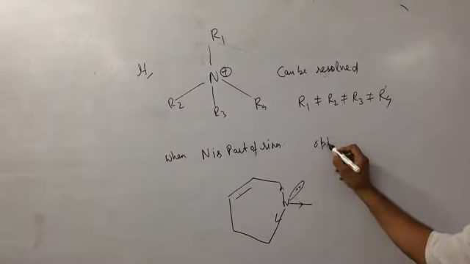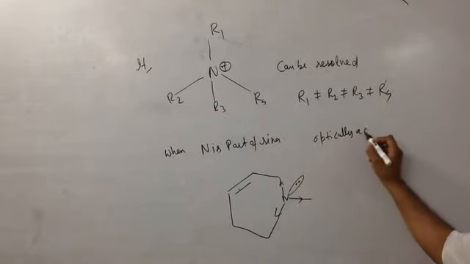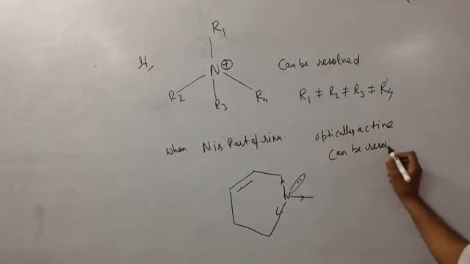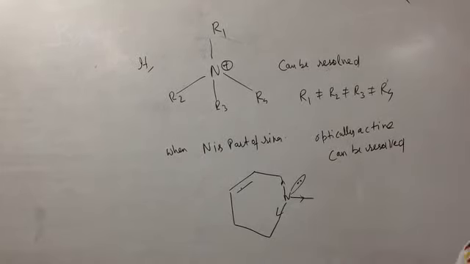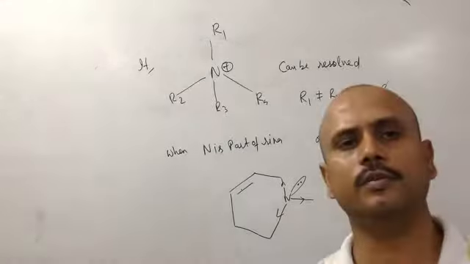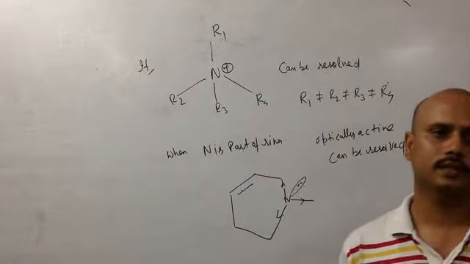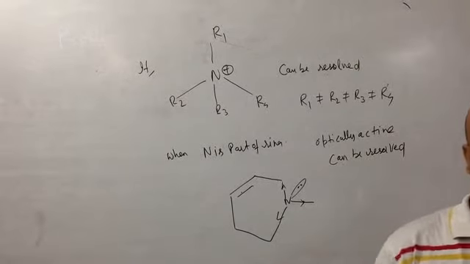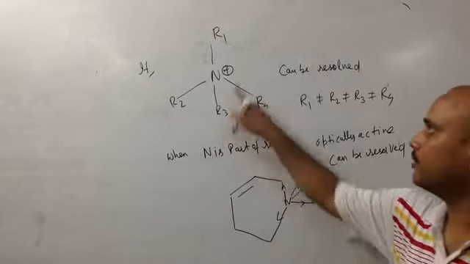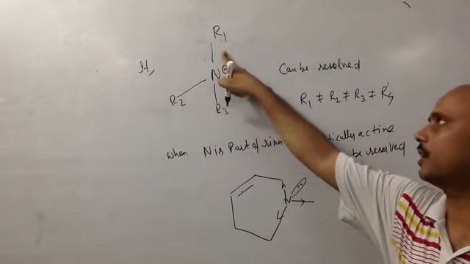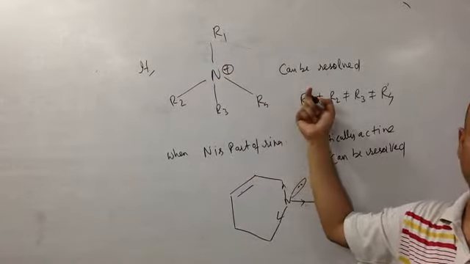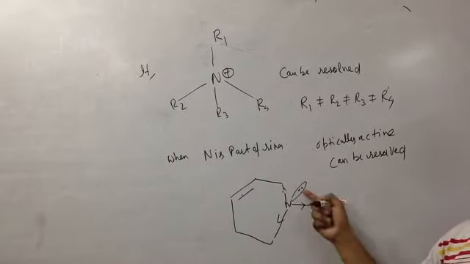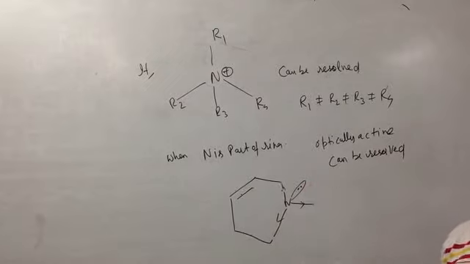It is optically active and can be resolved. Let me summarize. When nitrogen has 3 different groups, the lone pair is considered as the 4th group. It is optically active but cannot be resolved, cannot be separated out. However, if there are 4 different groups attached, the lone pair is replaced by another group, then it is optically active and can be resolved. Or when it is part of a ring and 3 different groups are attached and the 4th is a lone pair, in this case also it can be resolved.